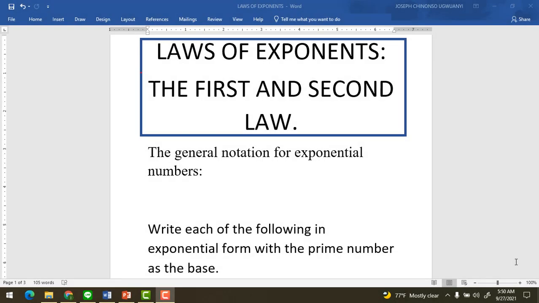First of all, we start with the general notation for exponential numbers.